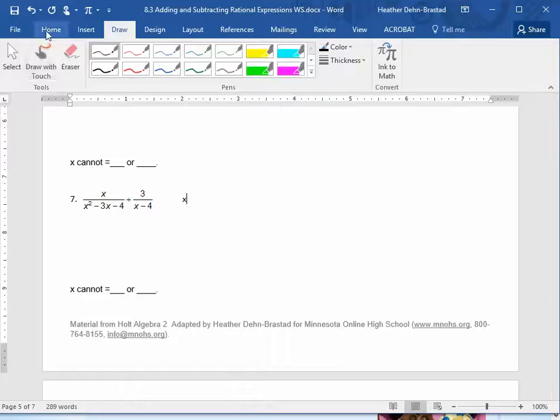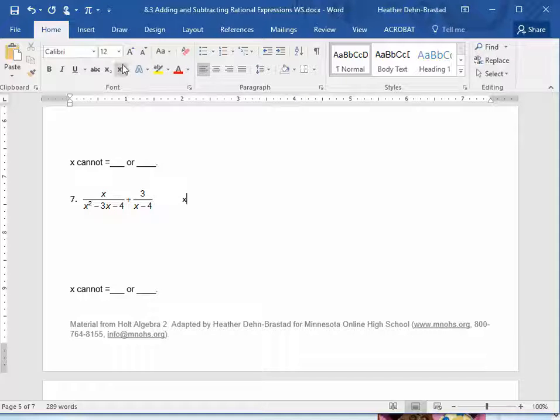So x squared minus 3x minus 4 factors into my two sets of parentheses. We know we can put our x in our first part, x here and x here. And now we have to look for the factors of -4. So what are the factors of -4? We could do -4 times 1.